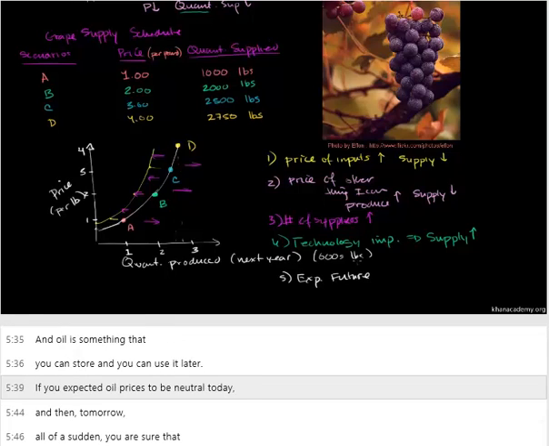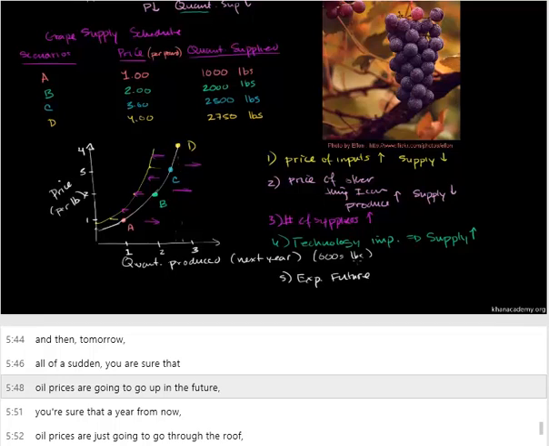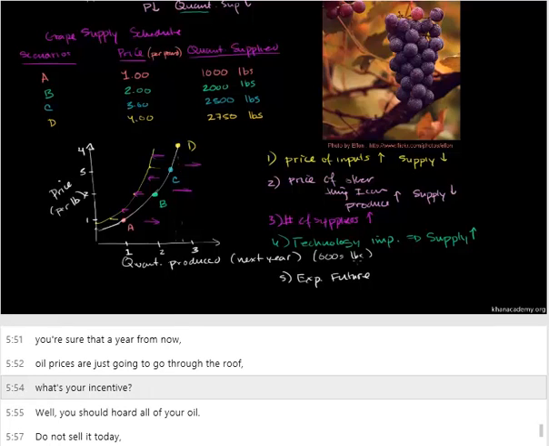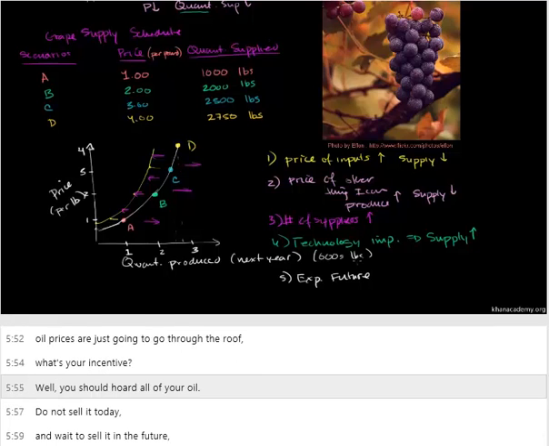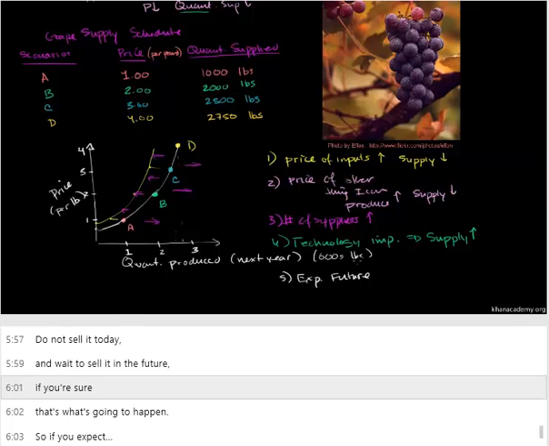If you expected oil prices to be neutral today, and then tomorrow all of a sudden you are sure that oil prices are going to go up in the future, that a year from now oil prices are just going to go through the roof, what's your incentive? Well, you should hoard all of your oil. Do not sell it today, and wait to sell it in the future if you're sure that's what's going to happen.